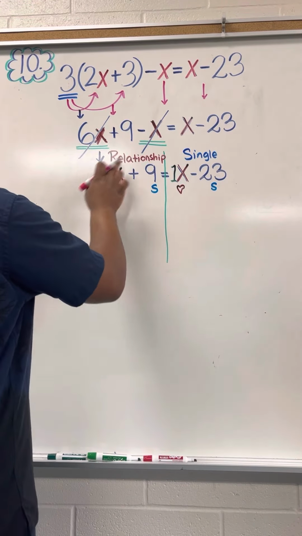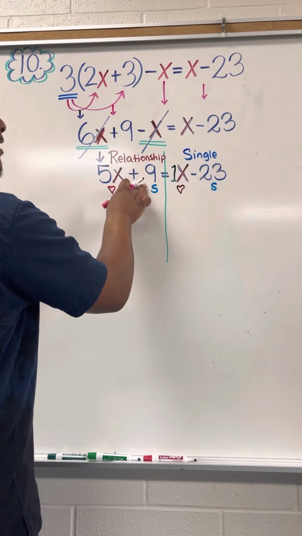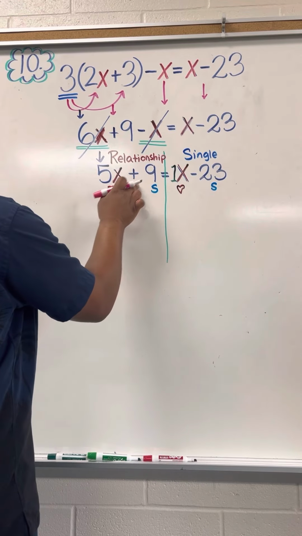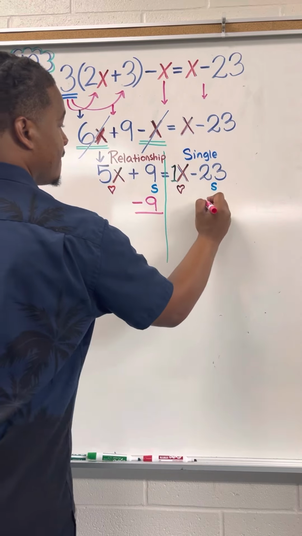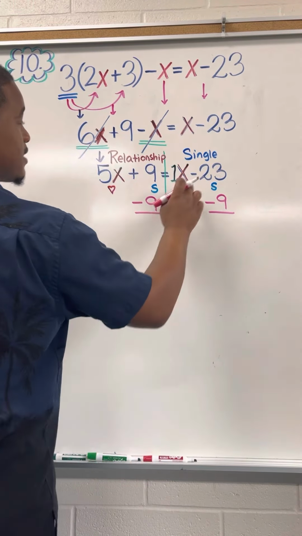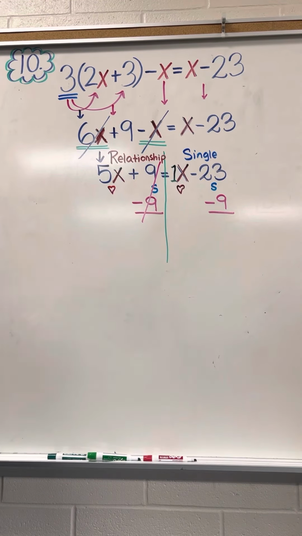5 and x are in a relationship and they're on the relationship side, so they're good. 9 is not in the relationship, it needs to be on the single side, so we have to do the inverse of plus 9, which is minus 9. And then we're gonna have to subtract 9 from a like term on the single side, which is negative 23. So positive 9 and negative 9 goes away.